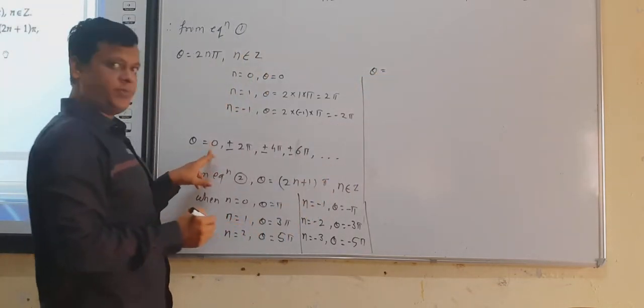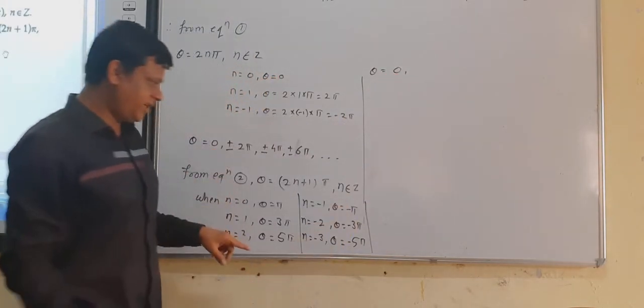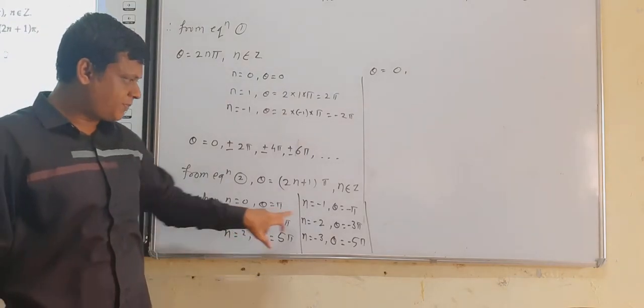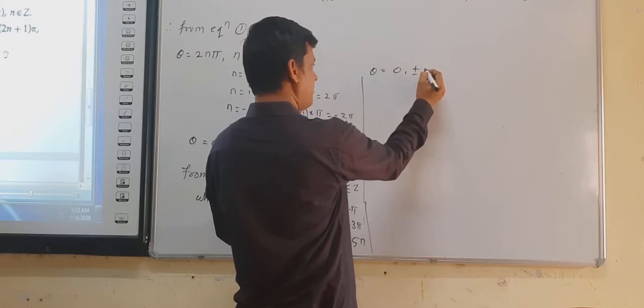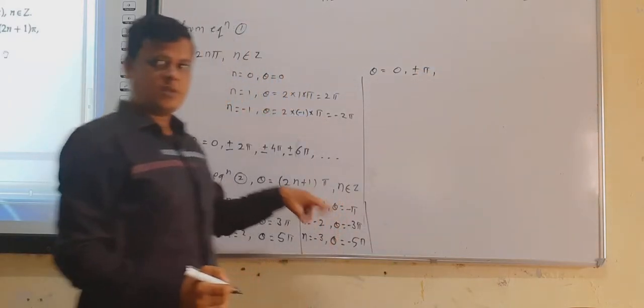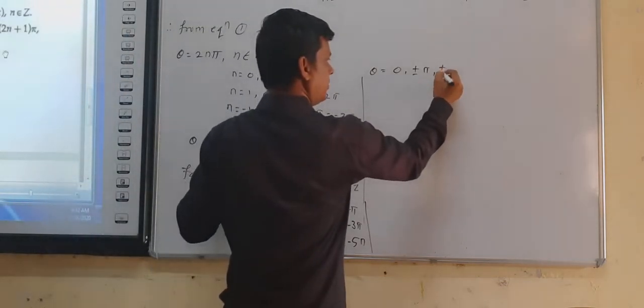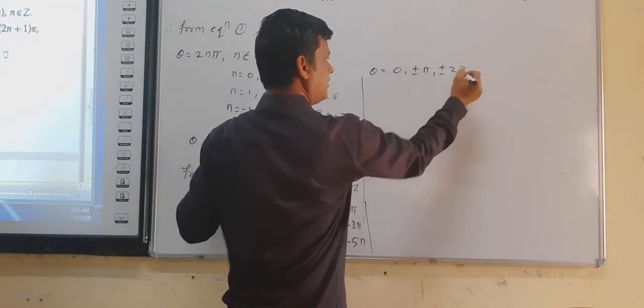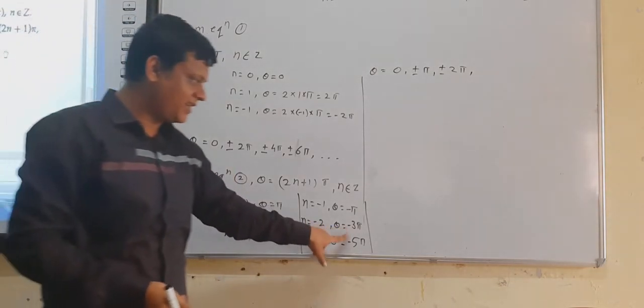Theta is equal to, first we write the value 0. Then see these two values, plus pi, minus pi. From this we write plus or minus pi. Now see the next value, plus or minus 2 pi. Then observe the next value, plus 3 pi, minus 3 pi.